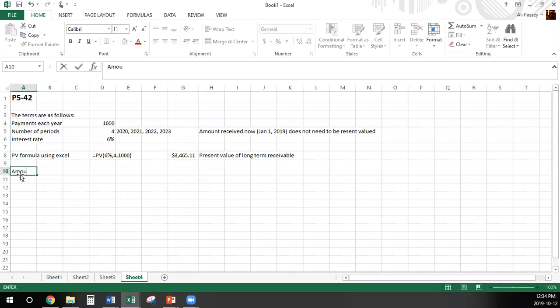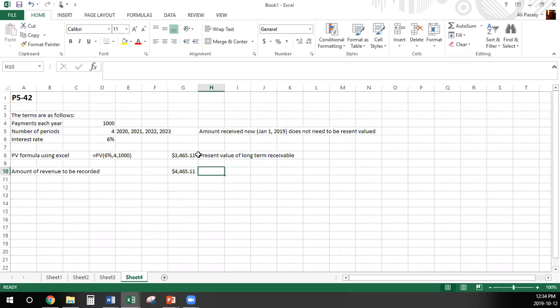However, the amount of revenue to be recorded is actually different from this, because the amount of revenue to be recorded would be this present value of the long-term receivable plus the $1,000 that we've actually already received to date. So the revenue amount to record would be a little bit higher at $4,465.